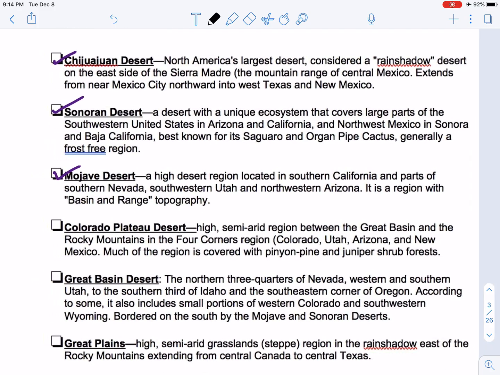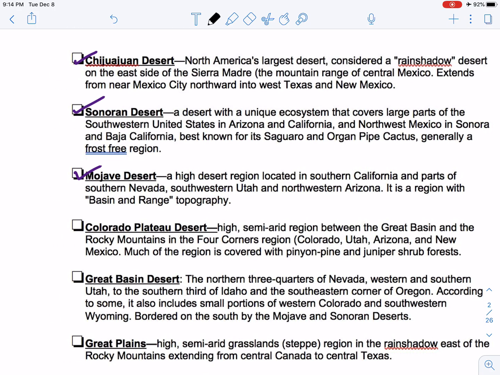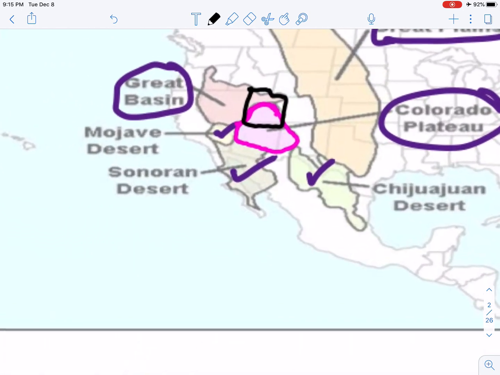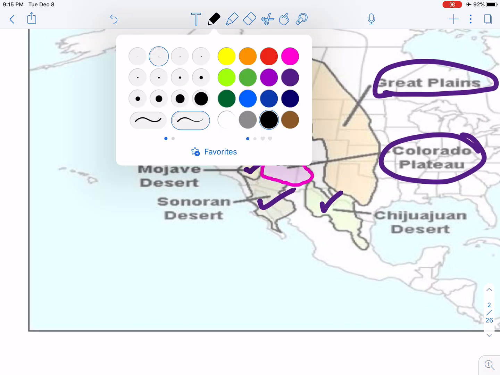Now, what about the Great Basin? It says the northern three-fourths of Nevada, western and southern Utah, the southern third of Idaho, and the southeastern corner of Oregon. According to some, it also includes some small portions of western Colorado and southwestern Wyoming. It is bordered on the south by the Mojave and Sonoran deserts. Looking at the Great Basin, let's change colors one more time.